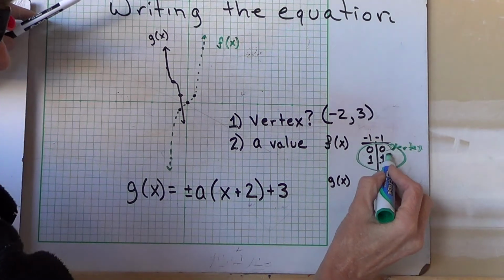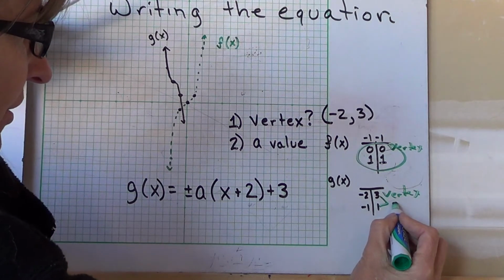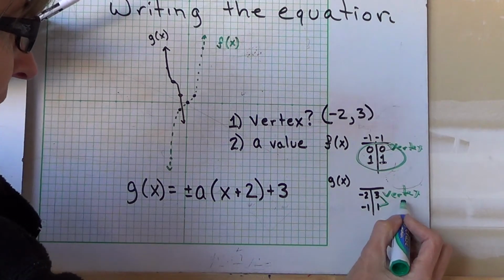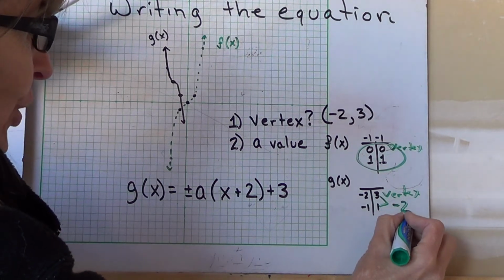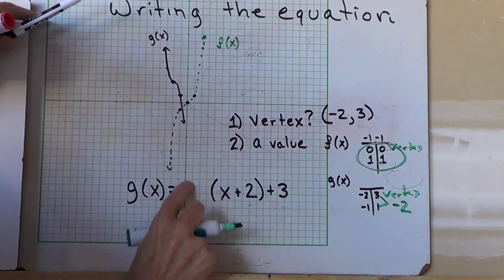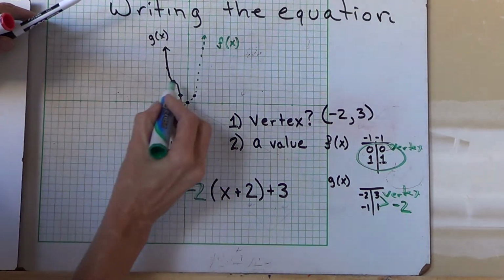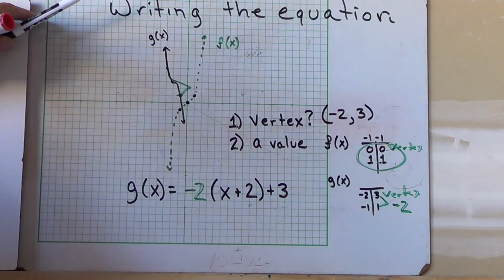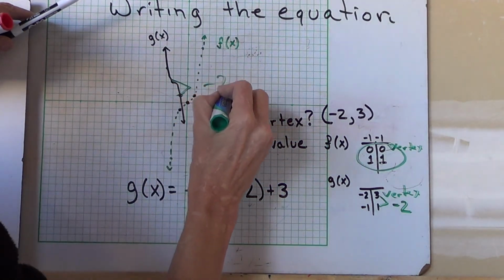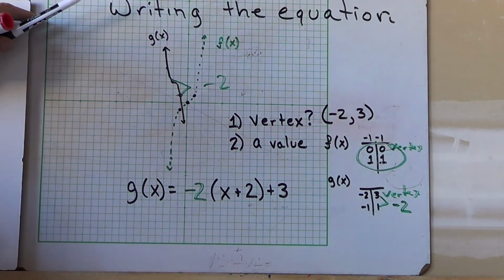In the parent function, it's 1, but here, actually I shouldn't say 3 minus 1. 3 minus what is 1? It would be a negative 2, and that's my A value. Because of the distance I have to travel to get from my vertex to my next point is negative 2. That tells me my A value is negative 2.